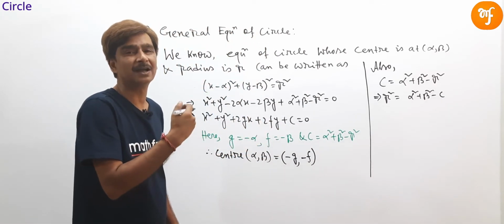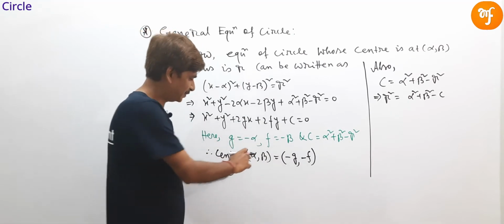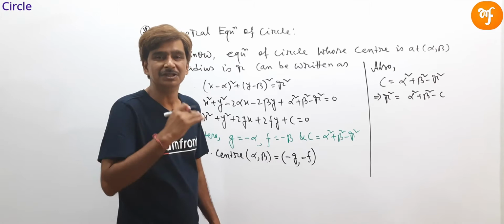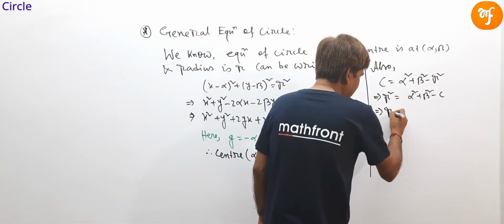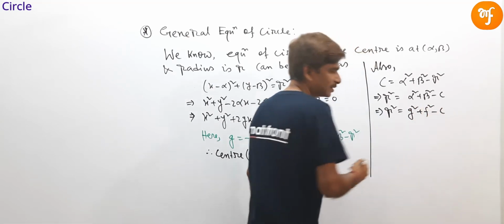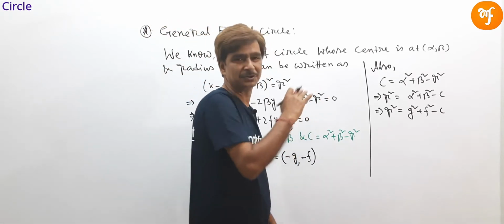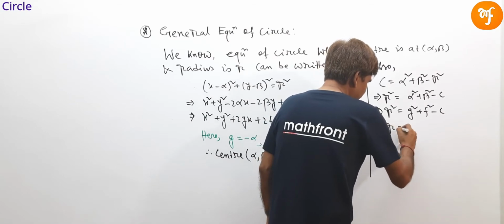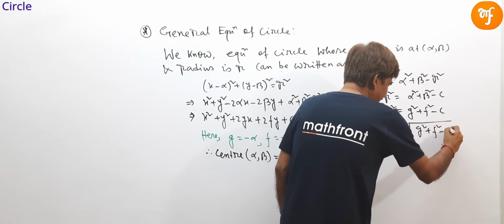So, what is alpha square plus beta square? As alpha is equal to minus g and beta is equal to minus f, alpha square plus beta square can be written as g square plus f square. So, we can write r square is equal to g square plus f square minus c. Okay. Now, what is r? r is the square root of g square plus f square minus c.